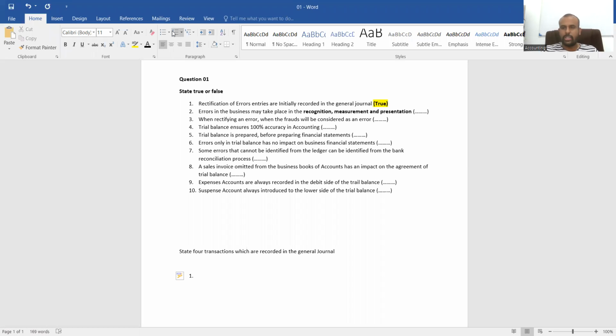State 4 transactions that are recorded in the general journal. Opening entries, closing entries, adjusting entries, error correction entries, and other transactions you could say.